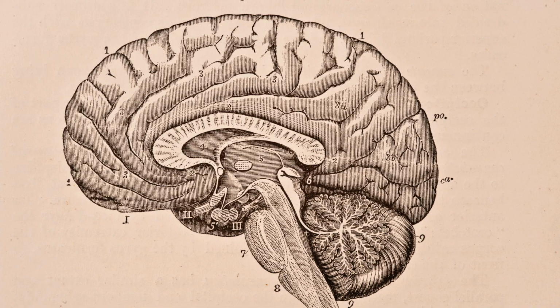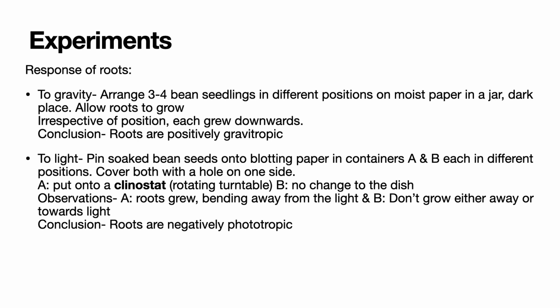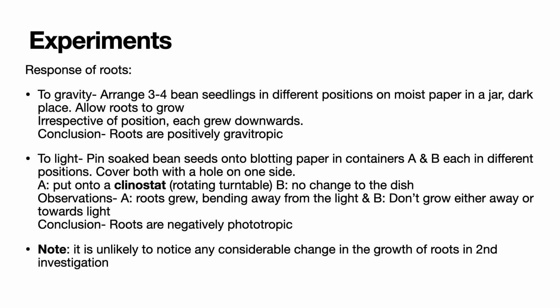We can conclude that roots are negatively phototropic. However, it is crucial to note that it is unlikely to notice any considerable change in the growth of roots in the second investigation, because usually roots are not affected by light.